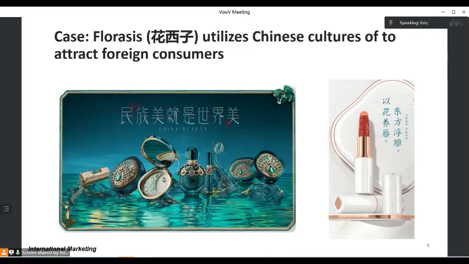If you want to expand your product to another country or region, usually you find your special cultural characteristics and put the special characteristics of your own culture into your product. We find that there is a good chance for you to get the attention of overseas markets. So it's useful.